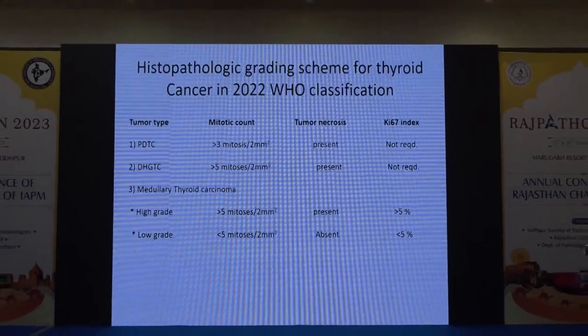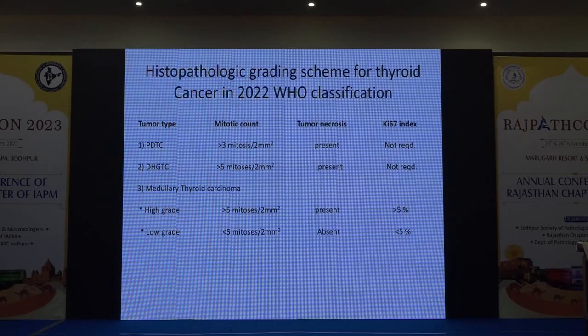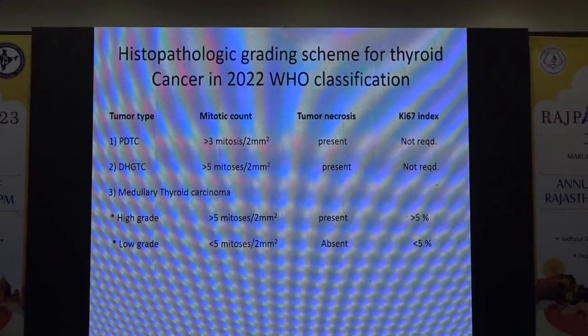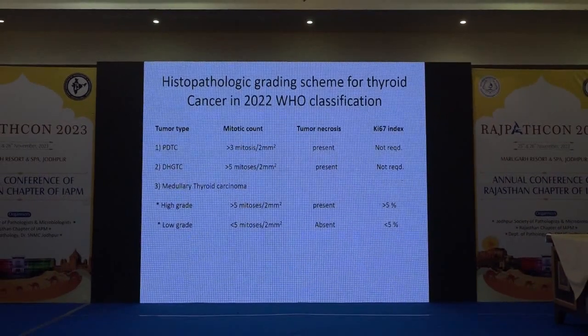So mitotic count of more than 3 with presence of tumor necrosis and convoluted nuclei, they call it a PDTC, that is poorly differentiated, whereas more than 5 mitosis and presence of tumor necrosis without convoluted nuclei is called differentiated high grade thyroid carcinoma.